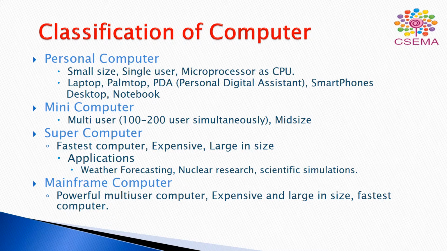And the last category of computer is the mainframe computer. What is a mainframe computer? A mainframe computer is just like a supercomputer, but a supercomputer is mainly focused on processing data and information, while a mainframe is mainly focused on storing and retrieving data.